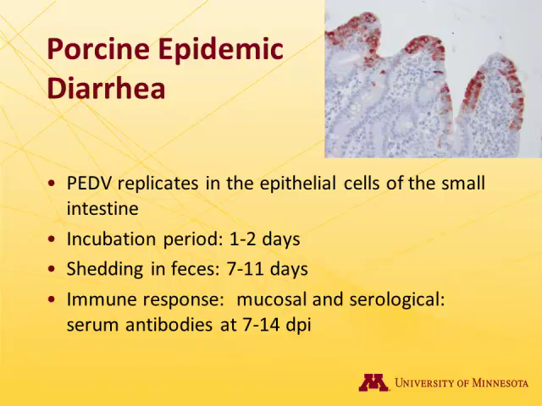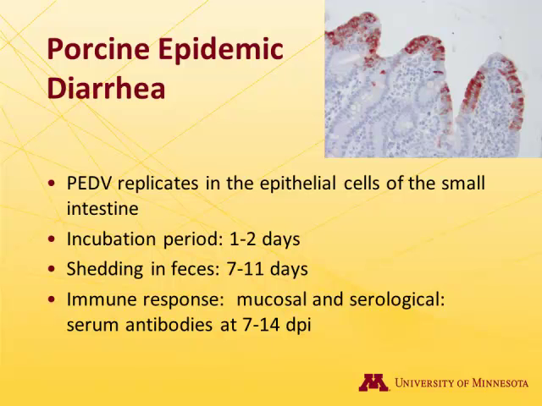The virus replicates in the epithelial cells of the small intestine. Those are the epithelial cells there in an immunohistochemistry labeled with an antibody for PED. The incubation period is between 1 and 2 days, and shedding in feces, at least from the reports out there now, we believe is between 7 and 11 days.